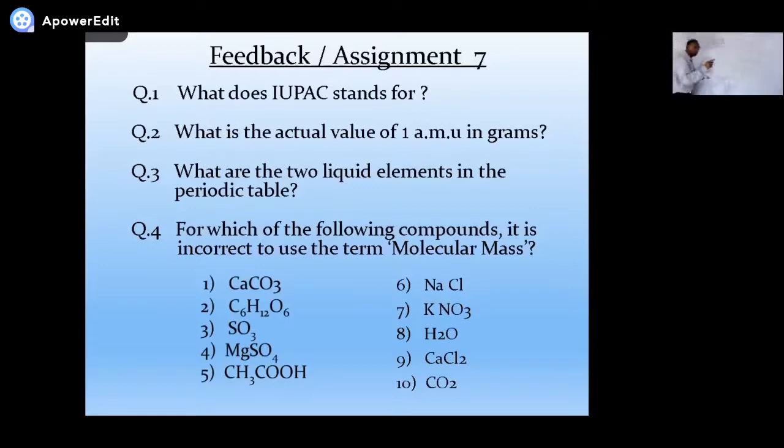Okay, about question number 4, let me remind you of a few things. For question number 4 of the assignment, here is the hint. See, there is a periodic table. We have the 1A group. Its members are lithium (hydrogen we do not include), sodium, potassium, rubidium, cesium, and francium.